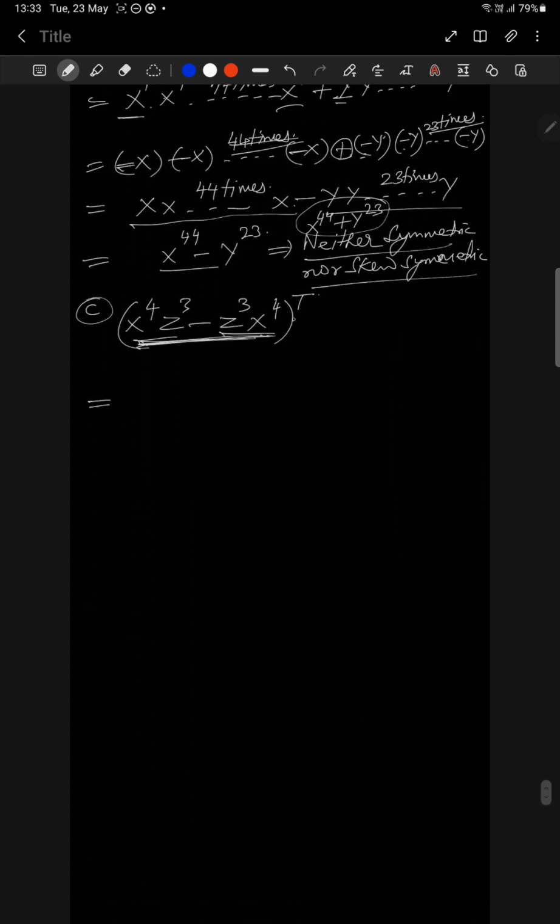So once again we can write (A minus B) transpose as A transpose minus B transpose. Now this can be written as x four times and z cube written as z three times, transpose, minus z and then x, transpose of that.